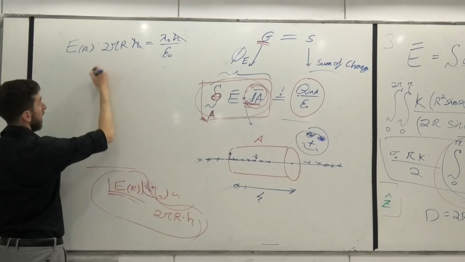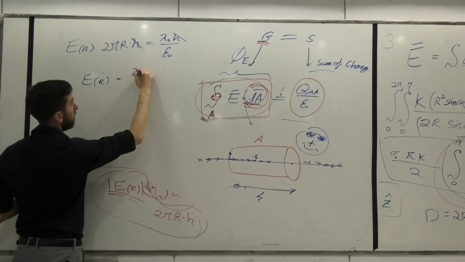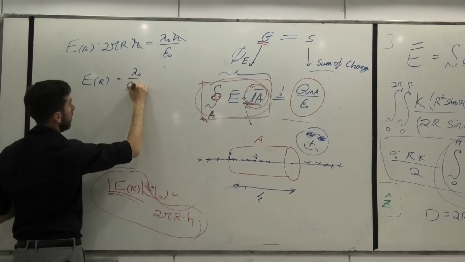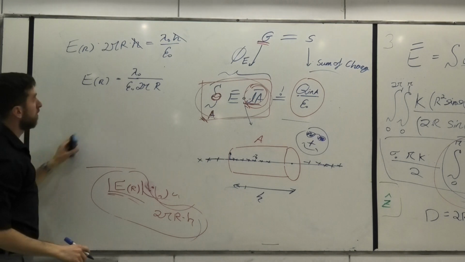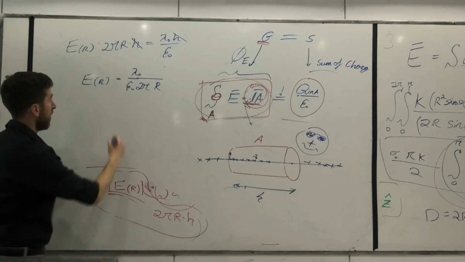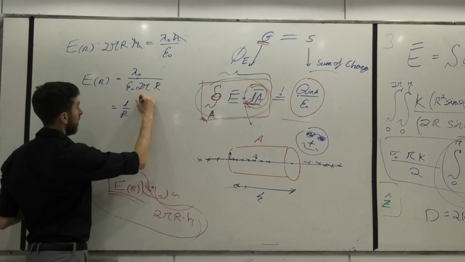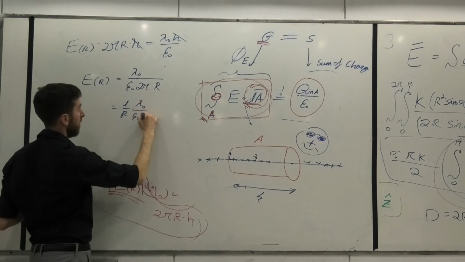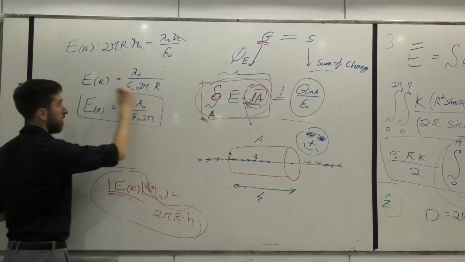This is your freedom in imagining things relevant to the question. And so, E(r) equals lambda 0 over epsilon 0 times 2 pi r. So 1 over r, lambda 0 over 2 pi epsilon 0. This is the final result.